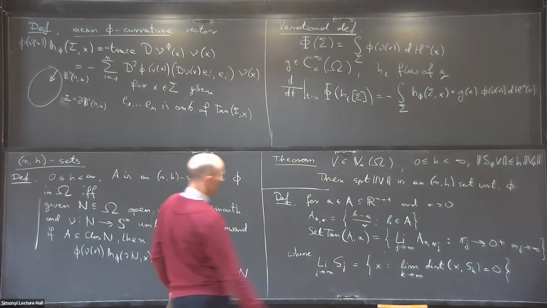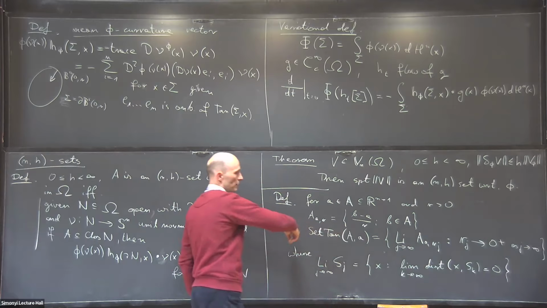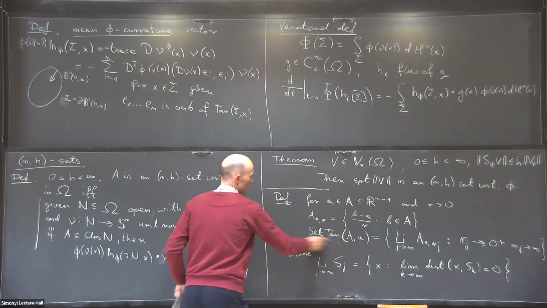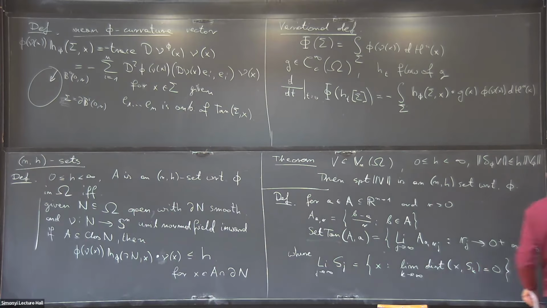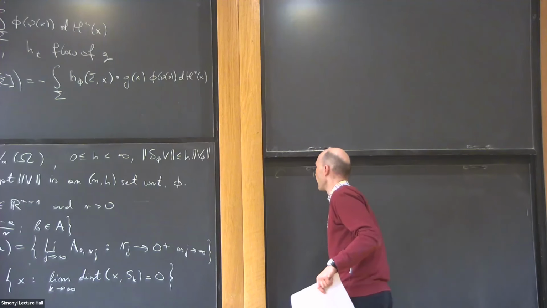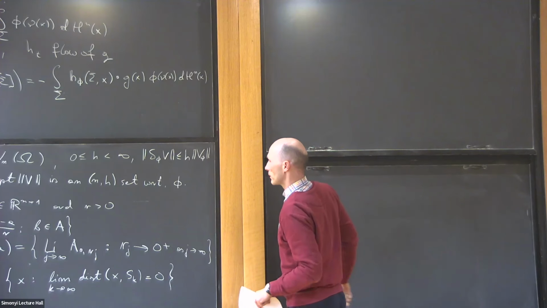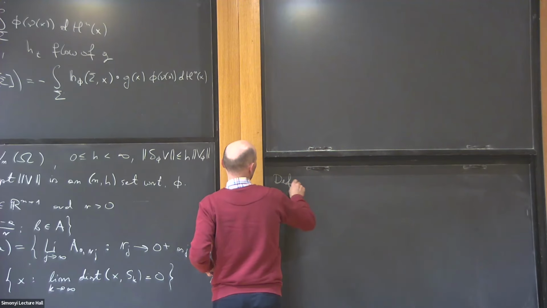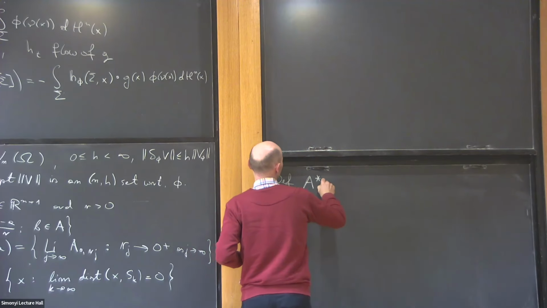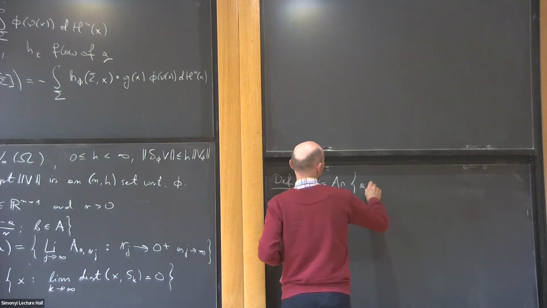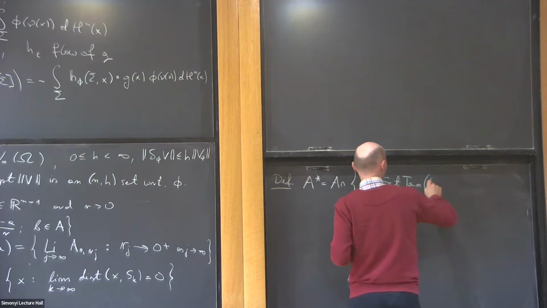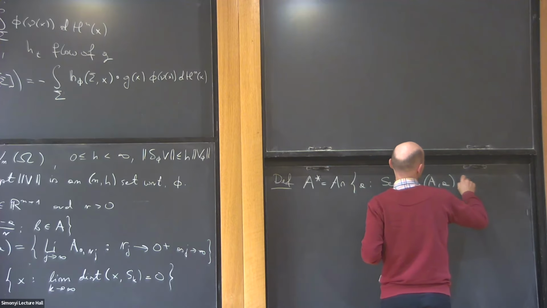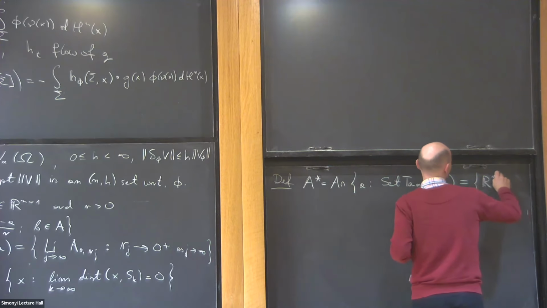So we gather all possible blow-up limits in this set, this family of sets. And now we can define what A star is. So this will be all points of A where there exists at least one blow-up limit which is not the whole space.